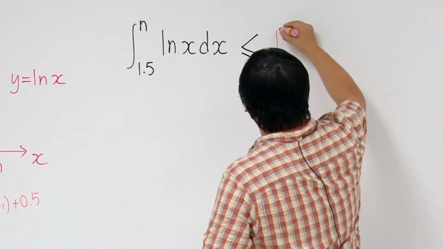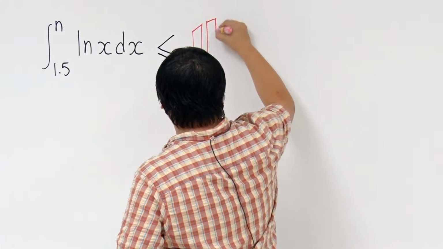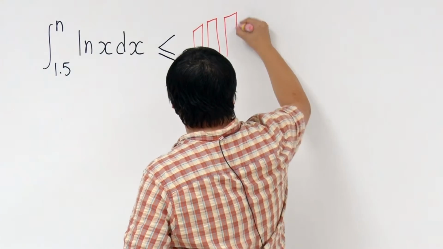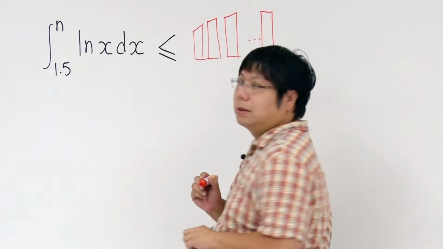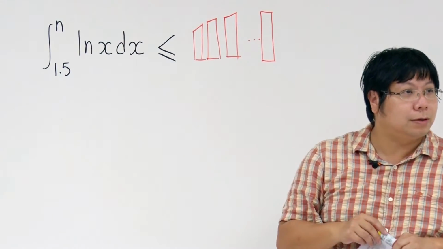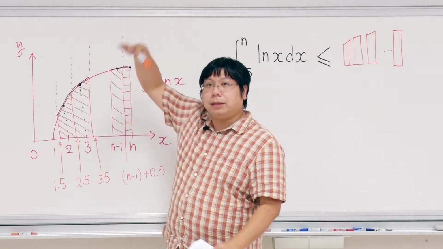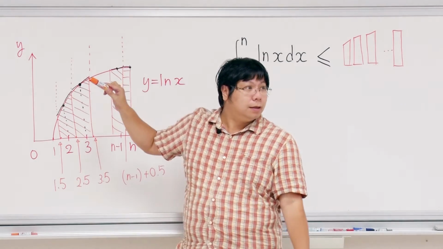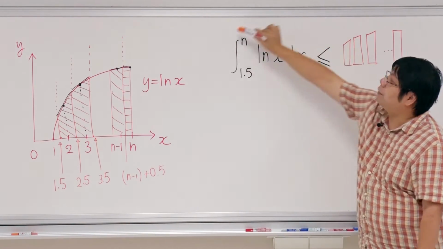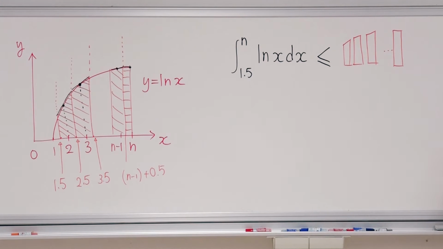The orange part is one trapezium, another trapezium, another trapezium, and so on and so forth, and the last one is a rectangle. Does it make sense? The trapeziums are always covering the curve from 1.5 up to n. So this is the area under the curve from 1.5 up to n, and this is the area of the trapeziums.